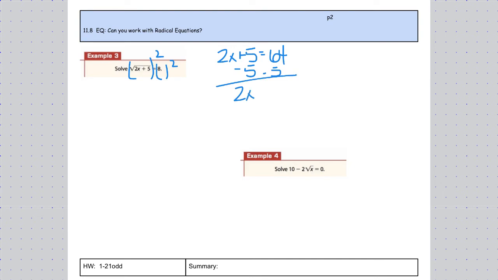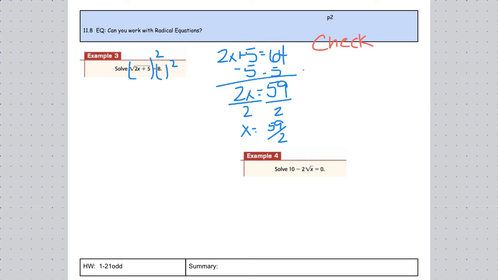I get 2x is equal to 59. Divide both sides by 2. x is equal to 59 halves. I could make it a mixed number, 29.5, but I'm just going to leave it like this because you'll see in my check what happens.